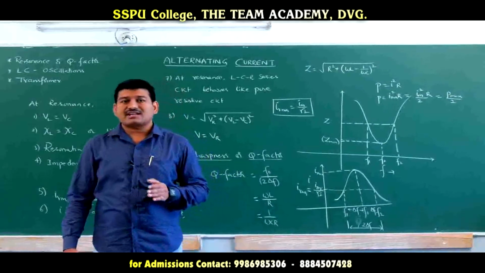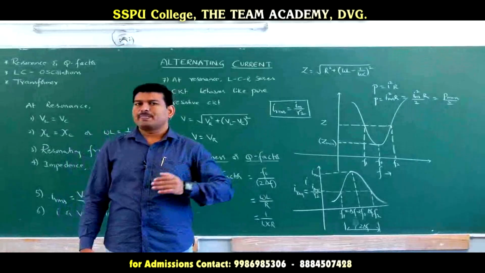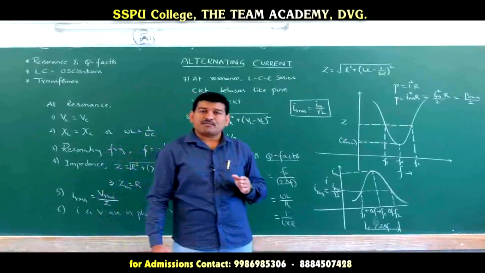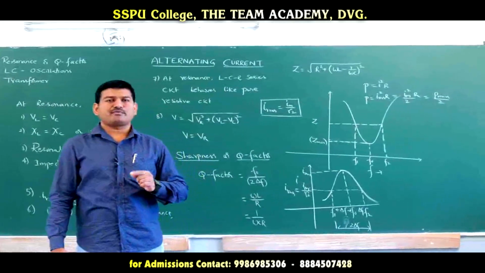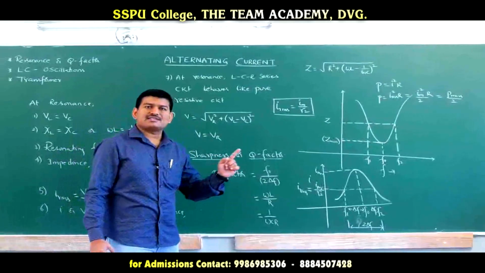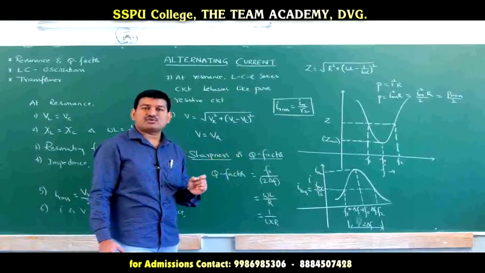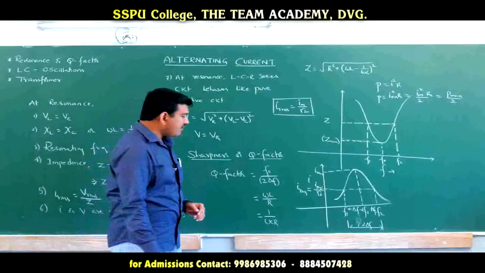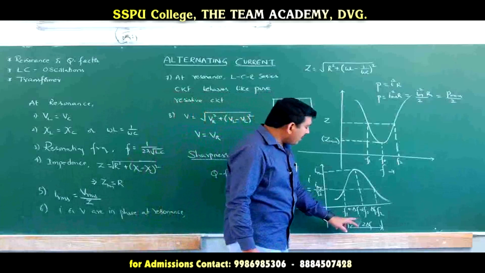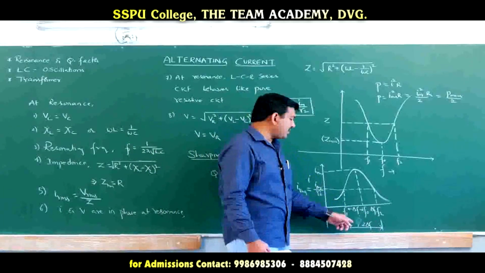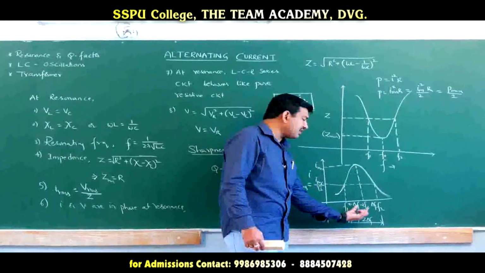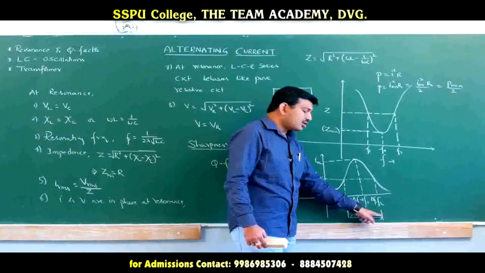The frequencies for which the power will drop to half of the maximum value. The difference in the two half power frequencies is said to be the bandwidth, which can be taken as 2 delta f. This is f, this is delta f, then this is 2 delta f.